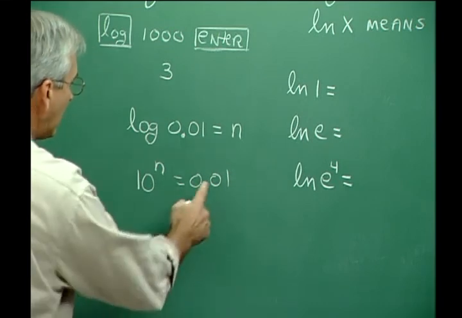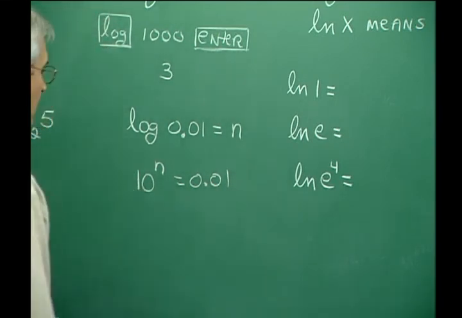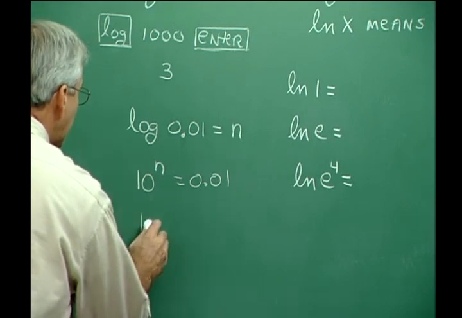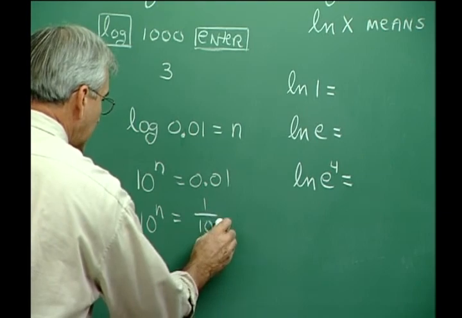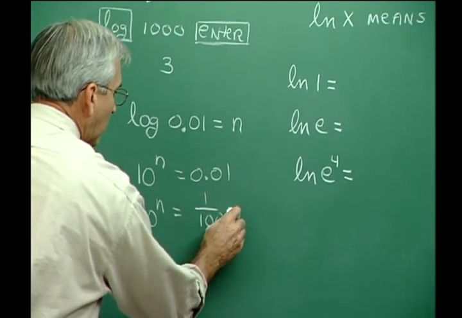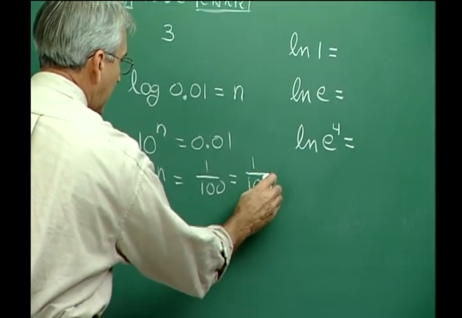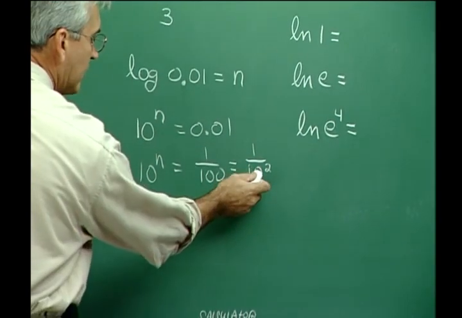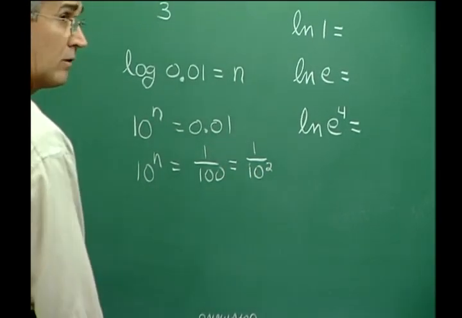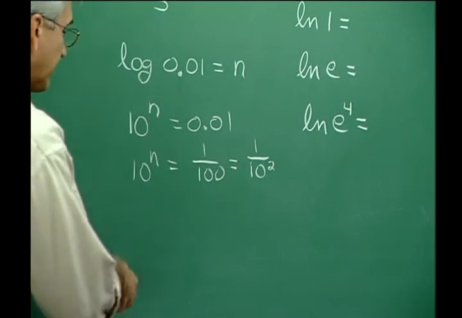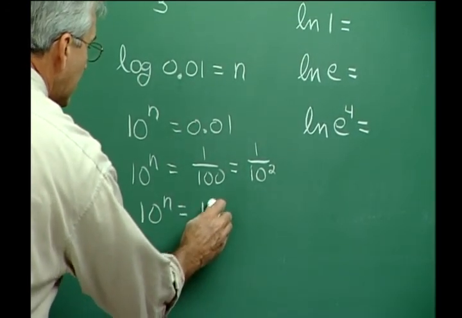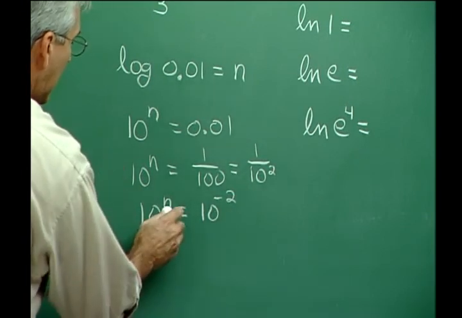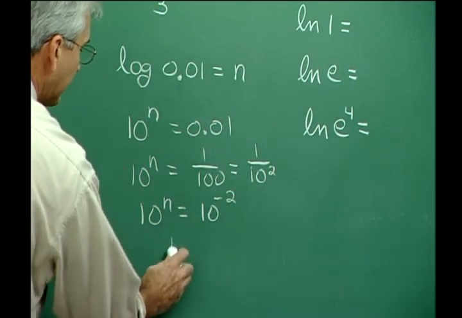How do we make the bases on both sides look alike? We can write this as 1 over 100, and 1 over 100 is 1 over 10 squared. We can kick this 10 squared up into the numerator by applying a negative exponent. So this is 10 to the n is equal to 10 to the negative 2. Aha, so n then is equal to negative 2.